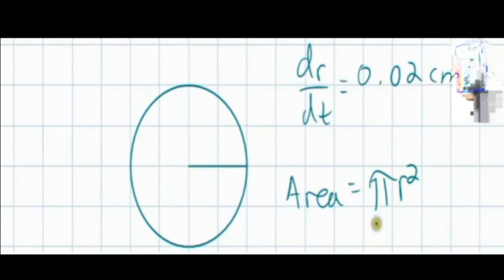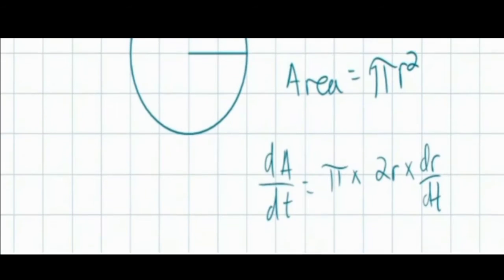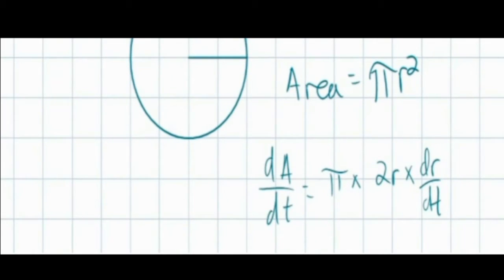Remember that when you see second inverse, you can just read that as per second. We also know what the area of a circle is. It's pi r squared. So the first thing we need to do to be able to answer this question is to take the derivative of the equation for the area. So now we have dA dt is equal to pi times 2 pi r times dr dt.